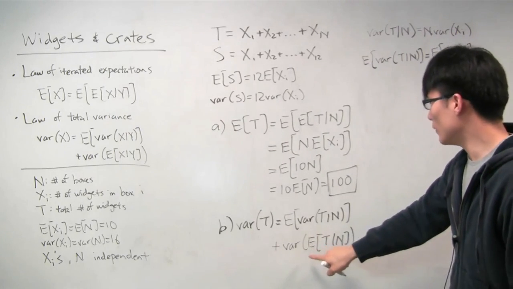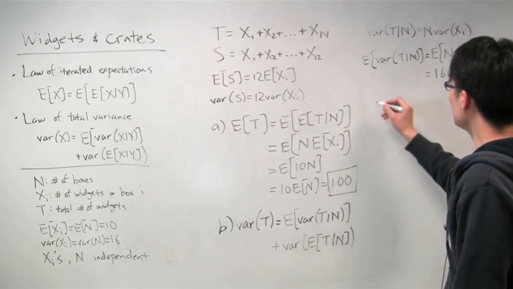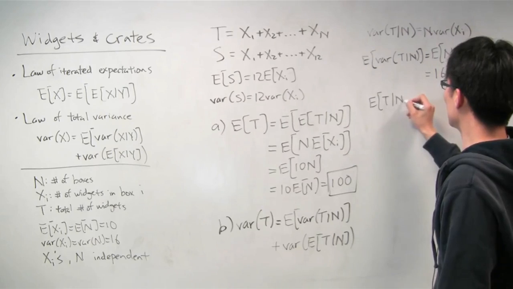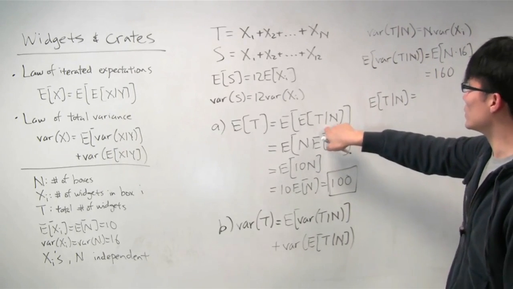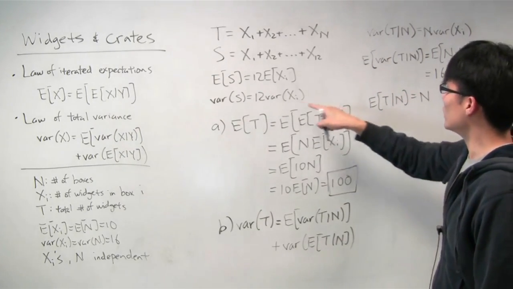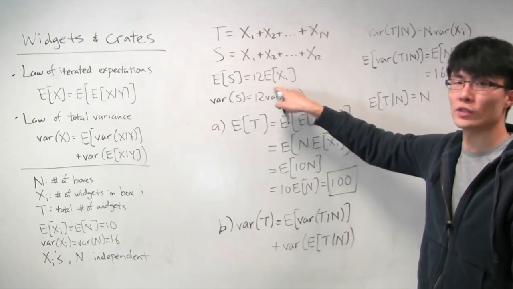We need the variance of the conditional expectation of T given n. Well, what is the conditional expectation of T given n? We've already kind of used that here. And again, it's using the fact that if we knew what n was, the expectation would just be n times the expectation of the number of widgets in each box.